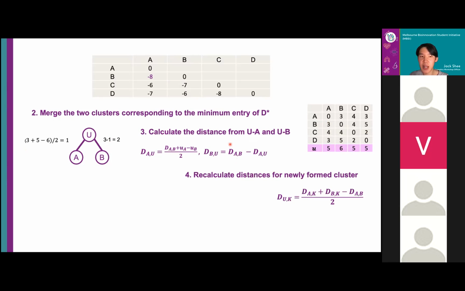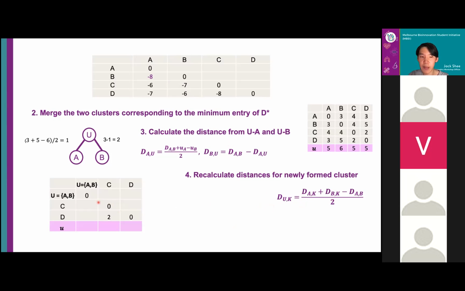And just as we did after we've merged a cluster, we have to recalculate the distances for this newly formed cluster. And that's given by this formula. So it's again kind of like a substitution process to calculate the distances if we were to do this by hand, but this is the algorithmic implementation.